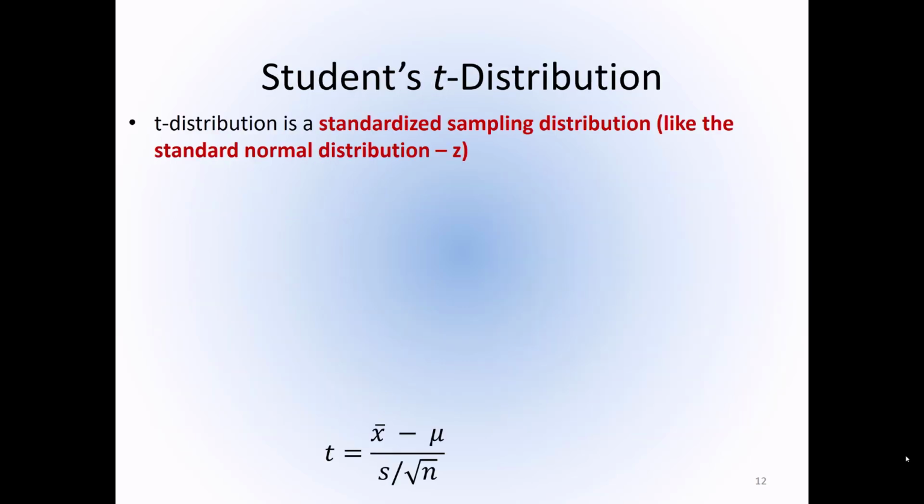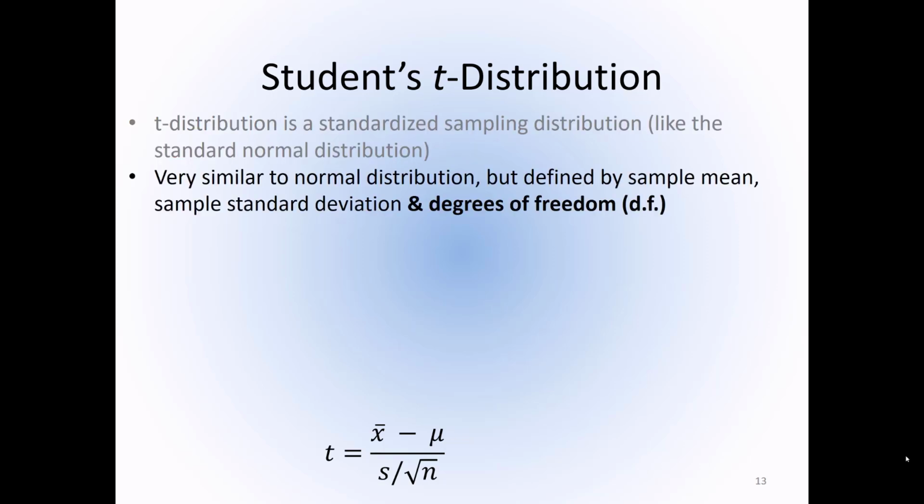Well, we can use other sampling distributions to understand our data and to quantify the probability of a particular event occurring when we don't know the population standard deviation. So the first of which that we're going to discuss is the t-distribution. So this is really similar to the standard normal distribution, but it's for sampling distributions rather than other probability distributions.